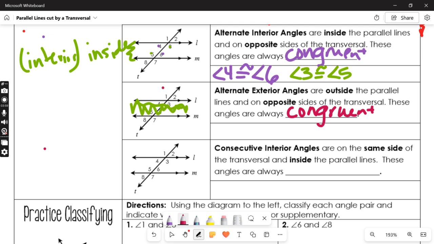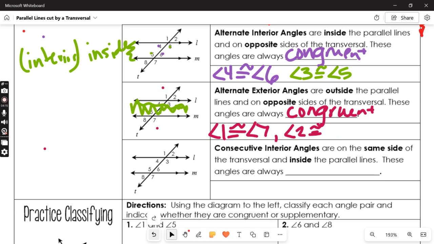So this would be like 1 and 7, and then angle 2 and 8. But they're on the outside of the parallel lines.